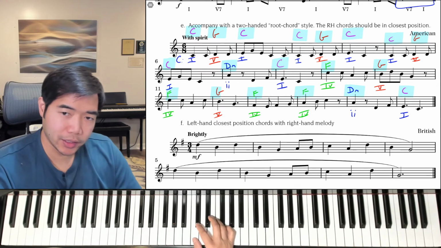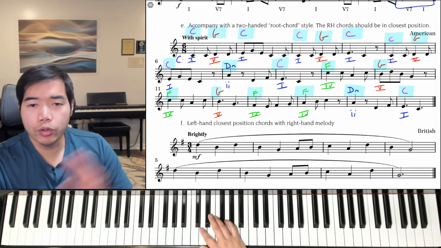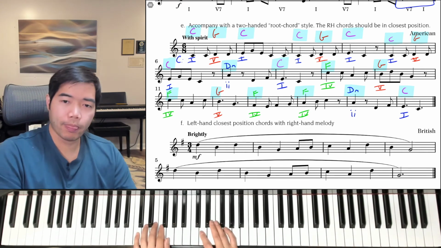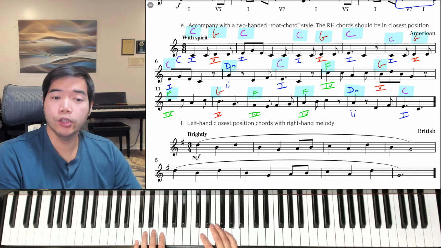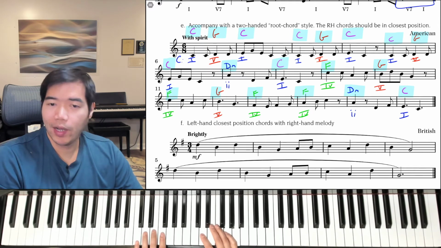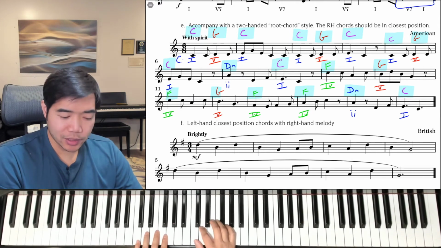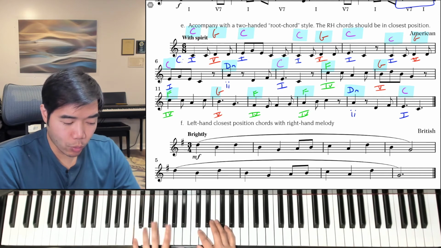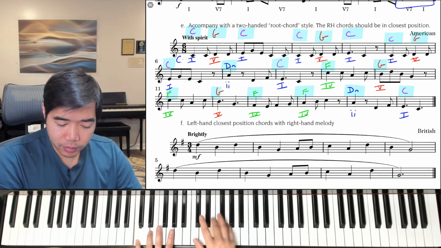So it's going to sound like this. A root chord style. We have 1, 2, 3, 4, 5, 6. And I'm going to suggest that we play this on beat 1 and then this beat on the second 8.